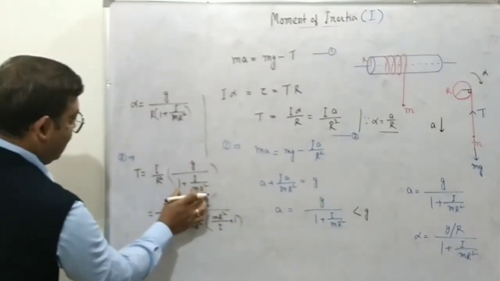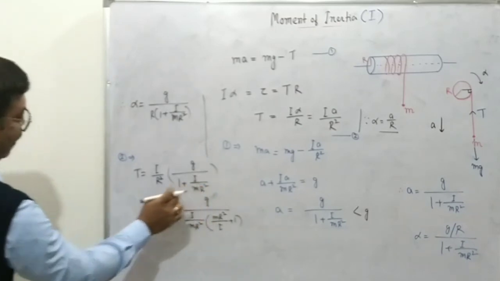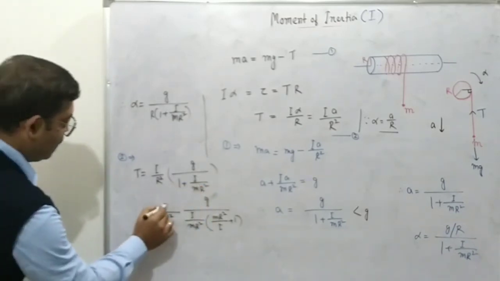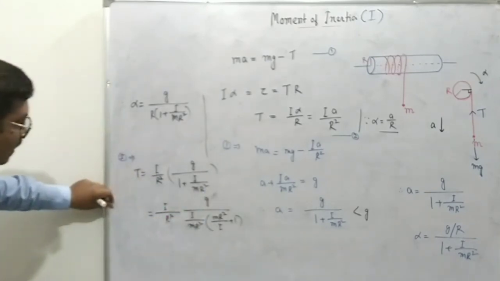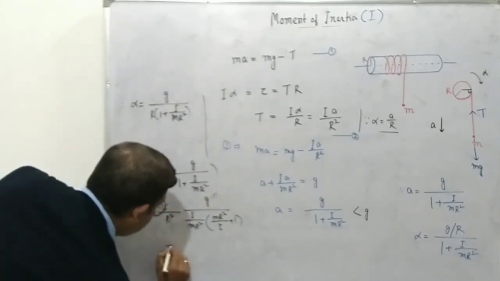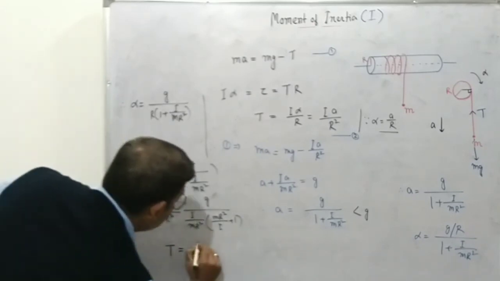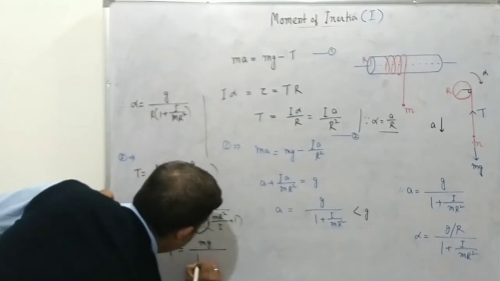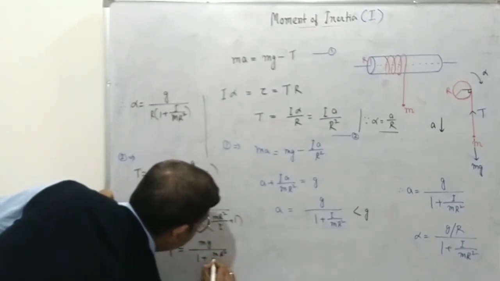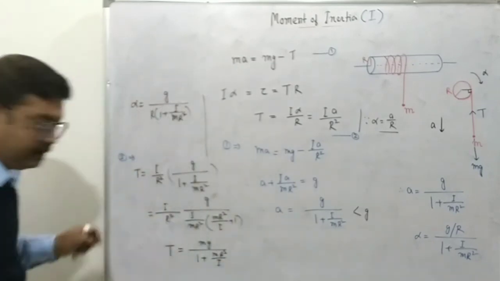So the I's will cancel, the R squares will cancel, and m will go to the numerator. So we have T equals mg divided by I plus m R squared by I.